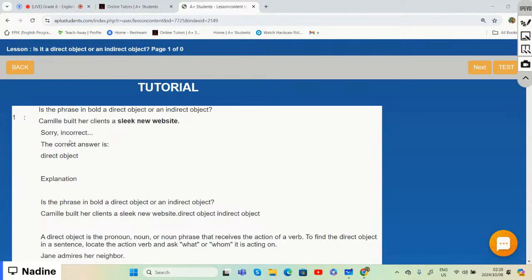It says, Camille built her clients a sleek new website. We need to say if sleek new website is a direct object or an indirect object.